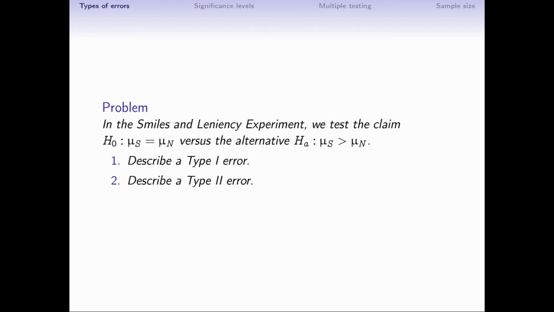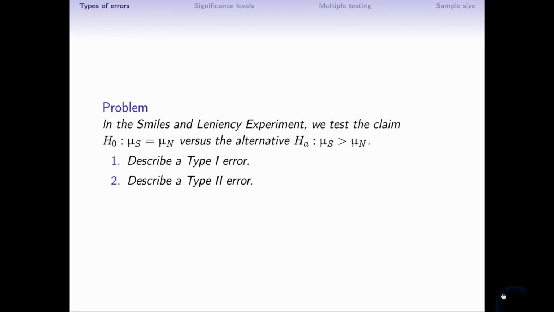expression in your picture? So mu sub s is the mean leniency score for dossiers containing pictures with a smiling expression, while mu sub n is the mean leniency score for dossiers containing pictures with a neutral expression. And the question we have before us is: is mu sub s greater than mu sub n?